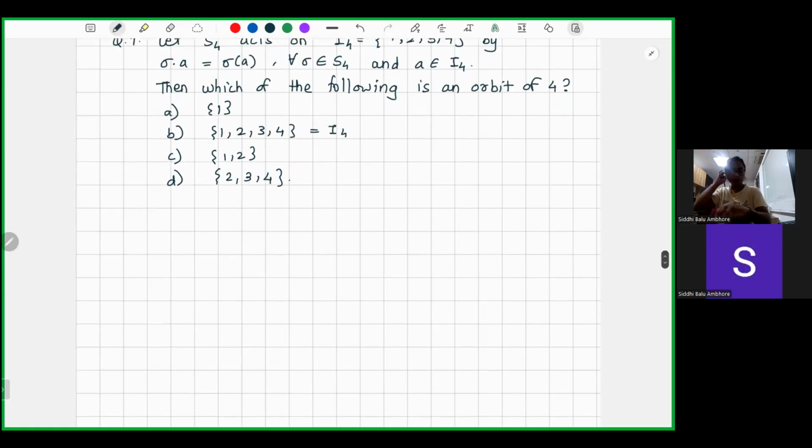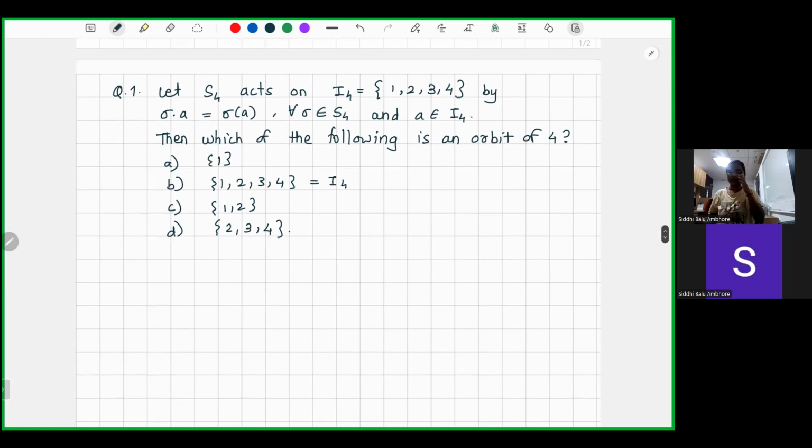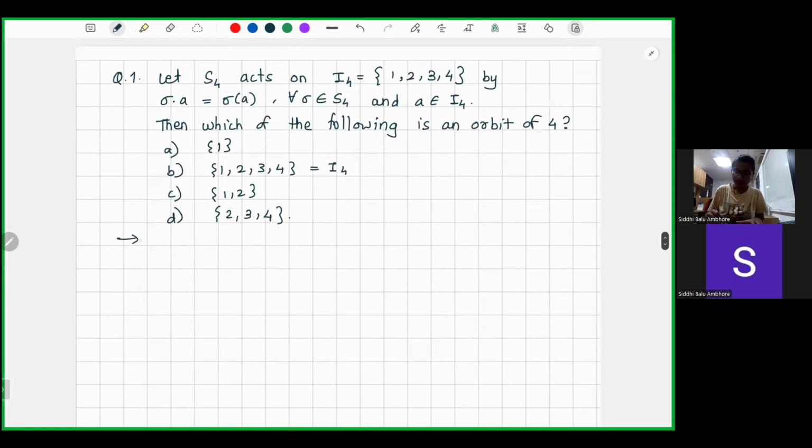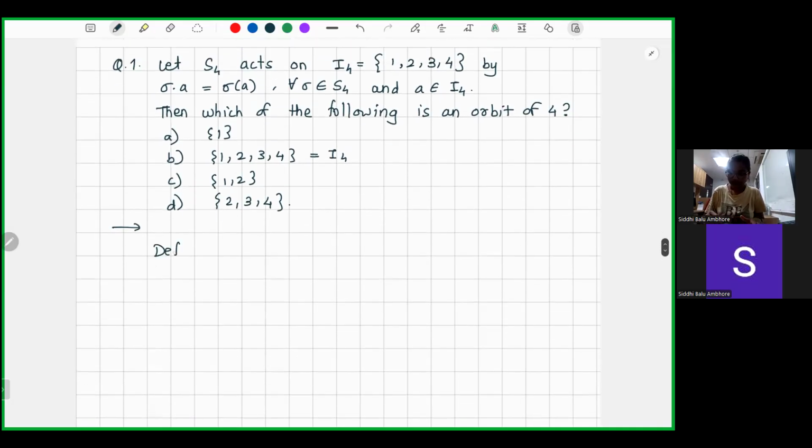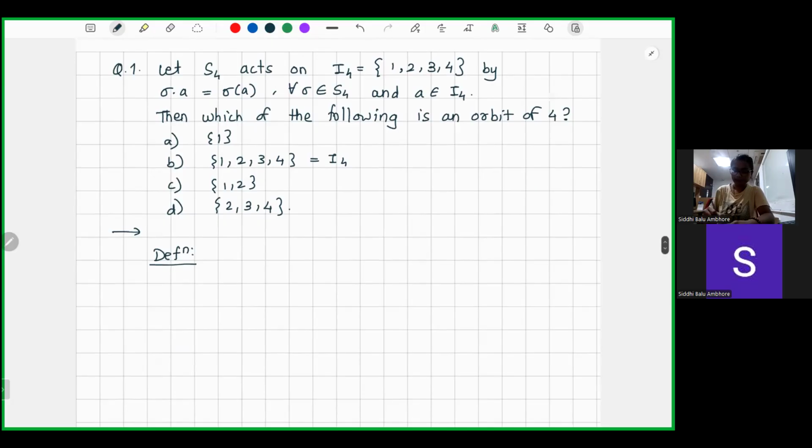Okay, we will understand properly what it means when we say a group acts on some set, by going through the definition of group action. So let us see the definition of group action. Let X be a set and G be a group.